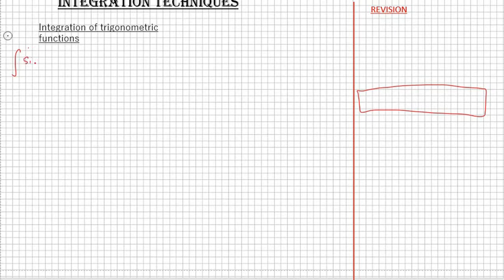So we have sine to the power of m, ax, and then cos to the power of n, ax there, and then dx. So sine has its exponent m, and for cos we have n.